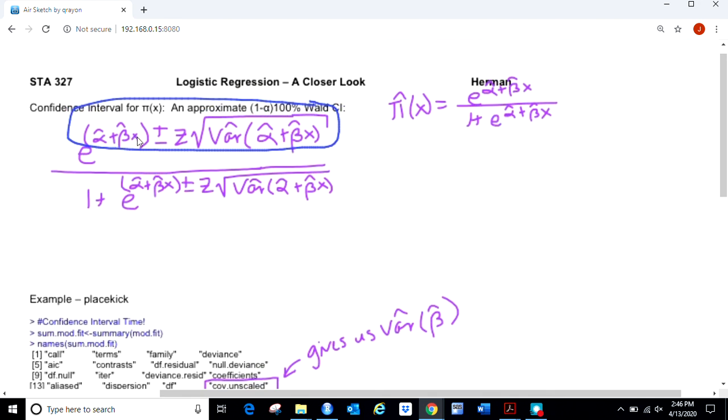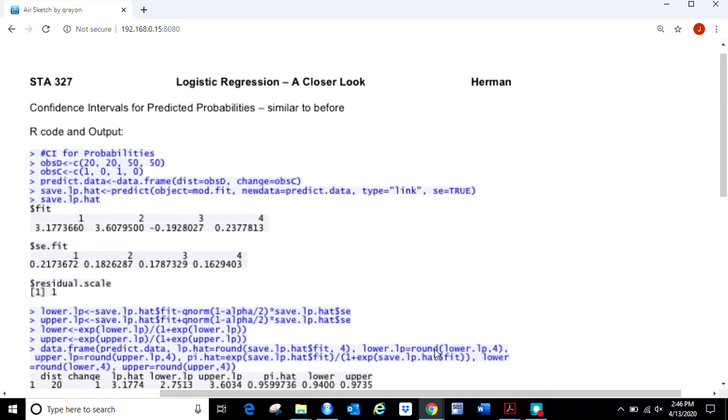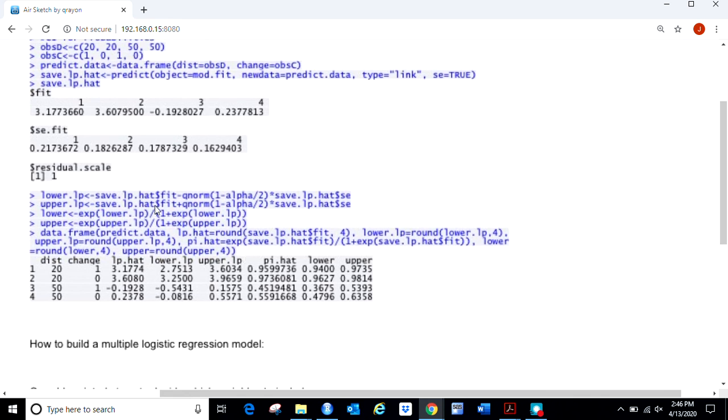So that's the formula that we're looking at. Now taking into account that we have 2 betas, not just beta hat, we have beta hat 1 and beta hat 2 that we're going to be using there as well. So that's where you're going to see that in my code as well.